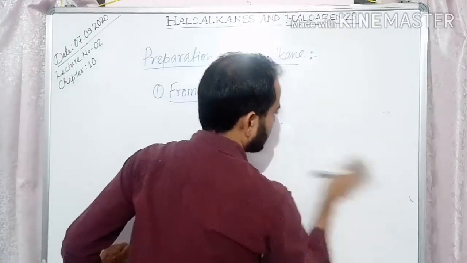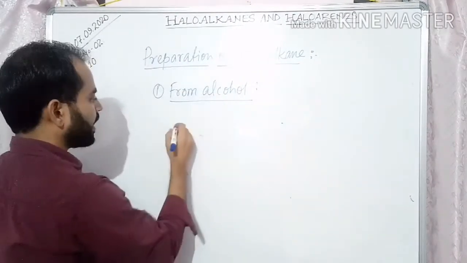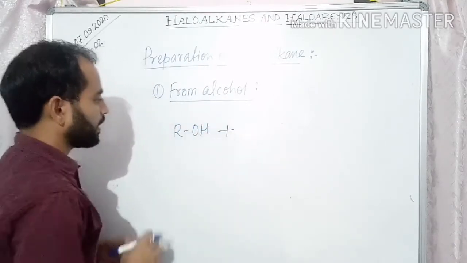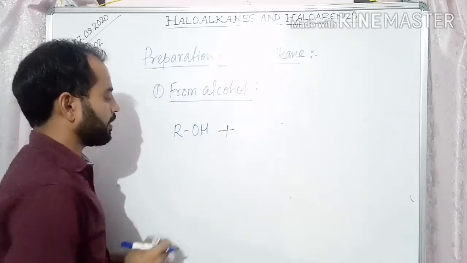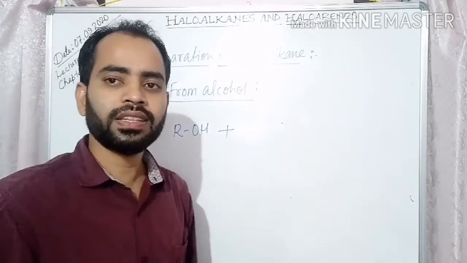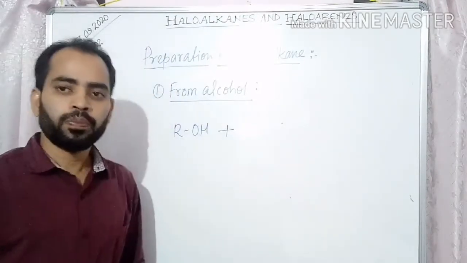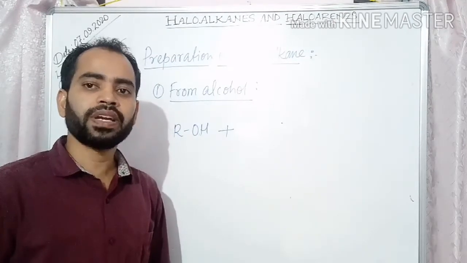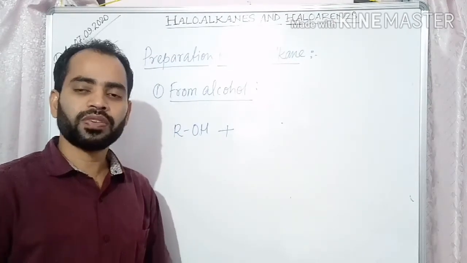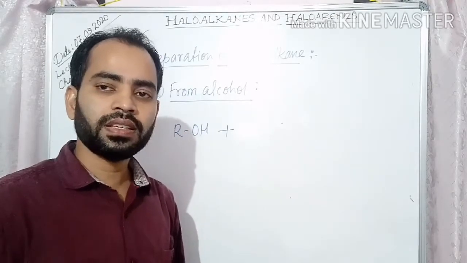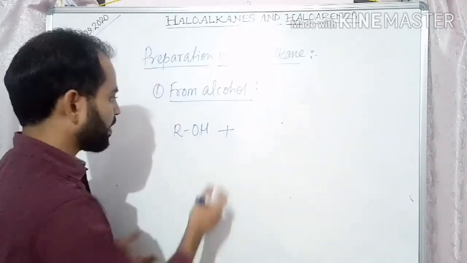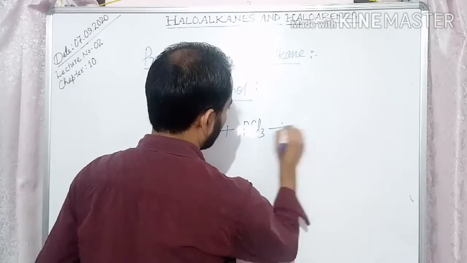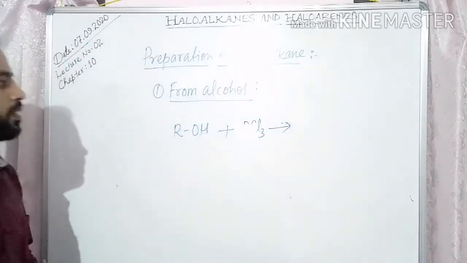Next is, if we react alcohol with phosphorus trichloride or phosphorus pentachloride. This is phosphorus trihalide or phosphorus pentahalide. First we will take phosphorus trichloride.